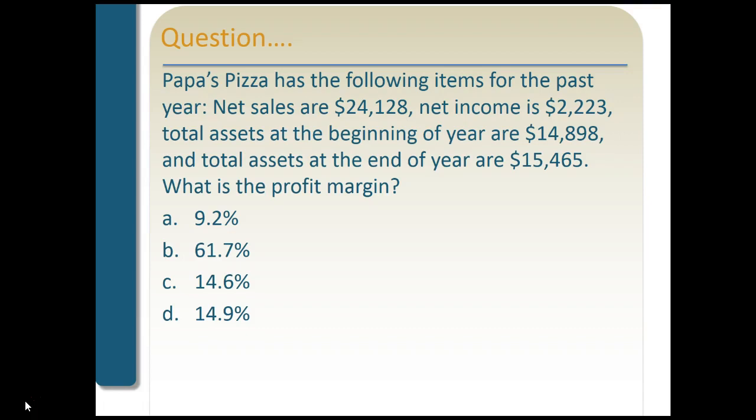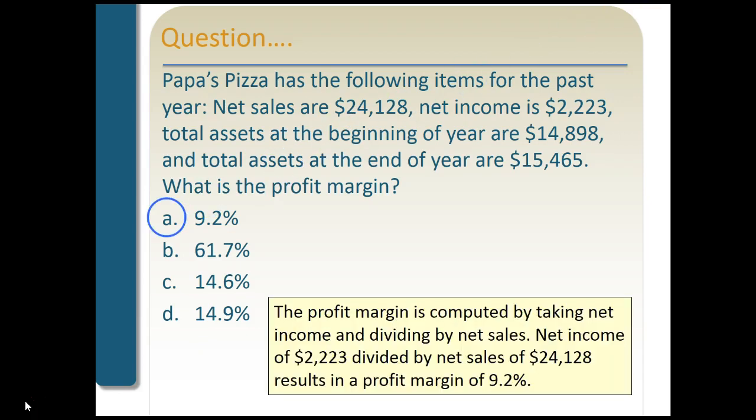What is the profit margin? We would compute it by taking net income and dividing it by net sales. So our net income of $2,223 divided by our net sales of $24,128 gives us a profit margin of 9.2%.